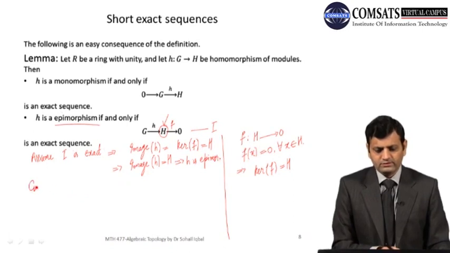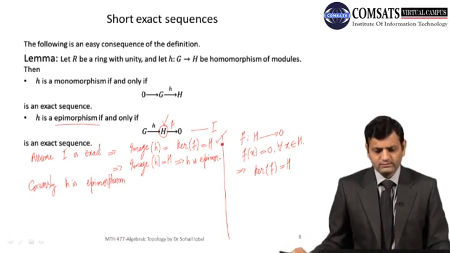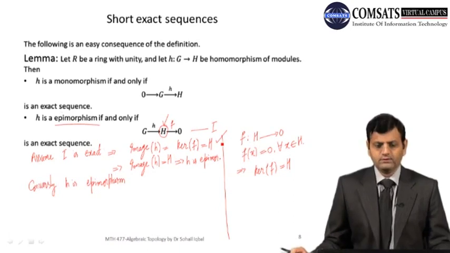Now conversely, assume that h is an epimorphism. Now we can easily see, using the same arguments, that if h is an epimorphism, then this is exact at H.